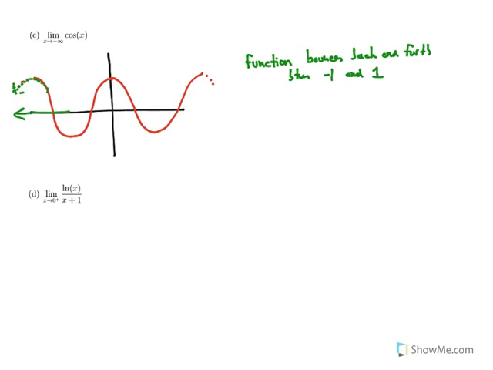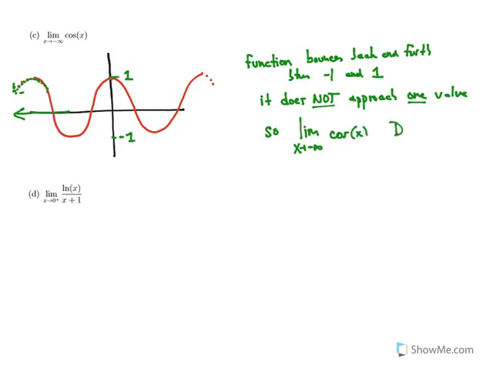It's like it's hitting every single value between -1 and 1 forever. So it does not approach one value. So this limit does not exist.